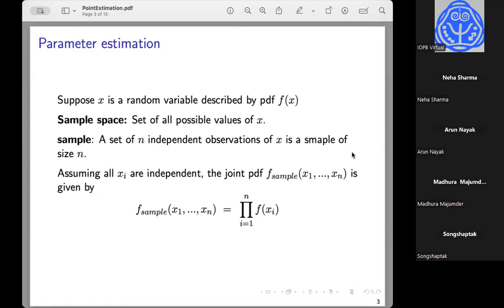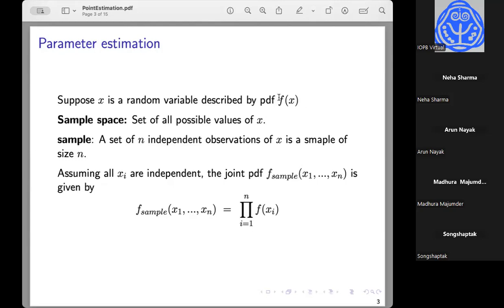Now you assume that all these observations are independent, so all the xi are independent. So you can write the joint PDF for observing all these events, n times, as f of x1 to xn, which is the product of the probabilities to get that particular observation.